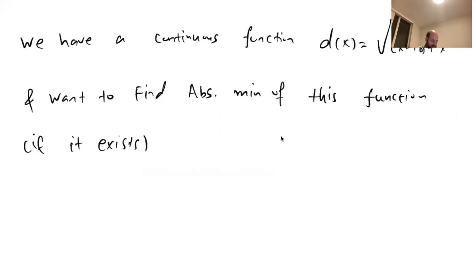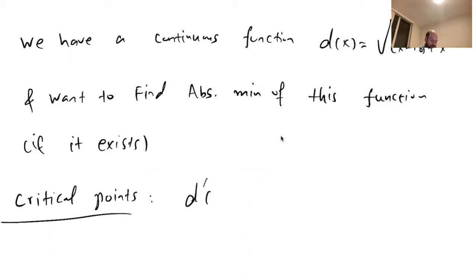So let's look at the critical points for this function. So d prime of x, the derivative of this function with respect to x. The derivative of root u is u prime over 2 root u.